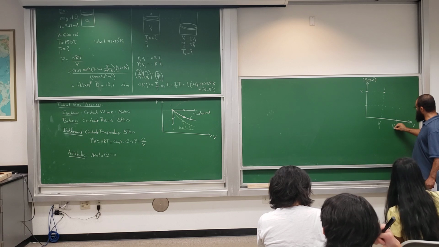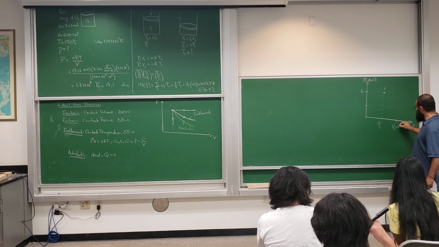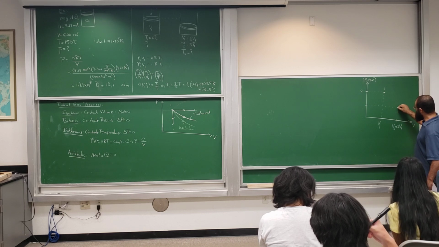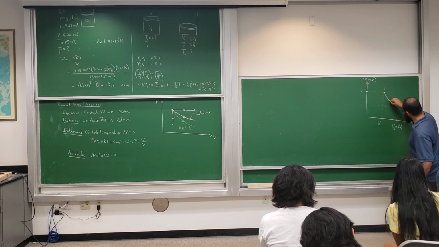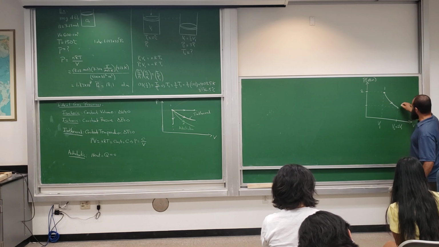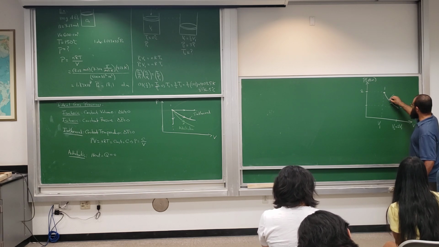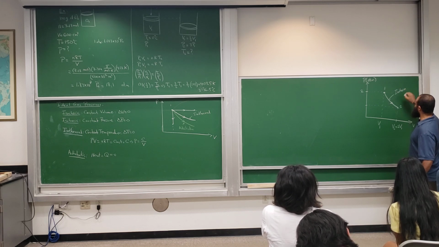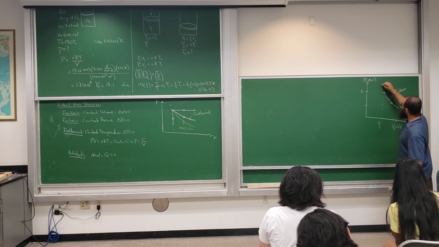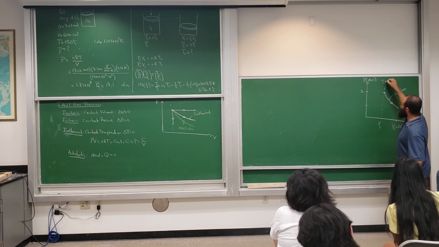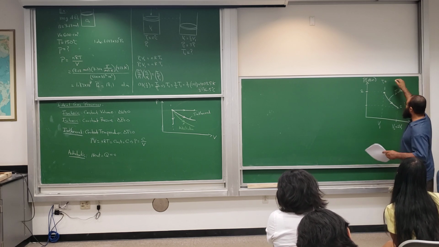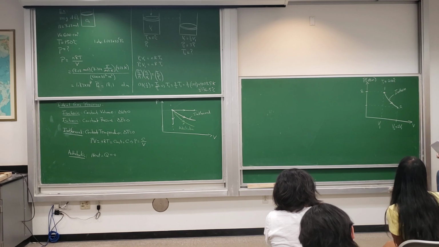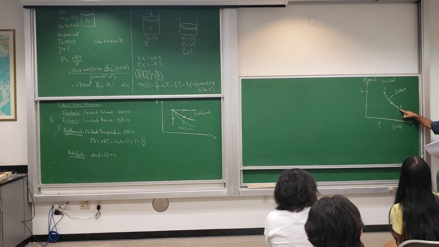So V2 will be twice V1. Here it is. This is isothermal, or an isotherm curve. And the temperature T1 is 200 degrees Celsius. Okay. So we're going to expand it here.